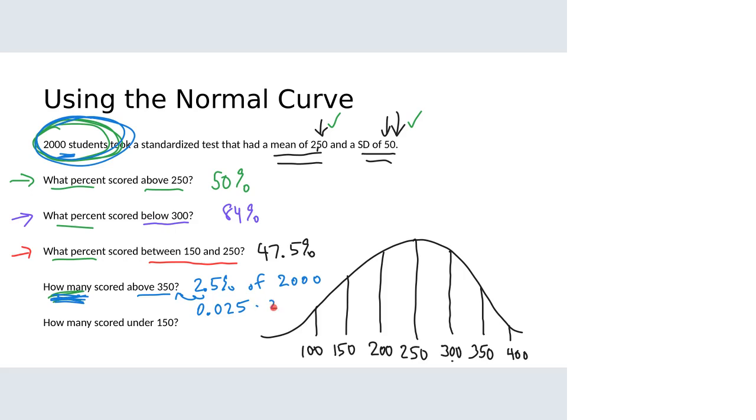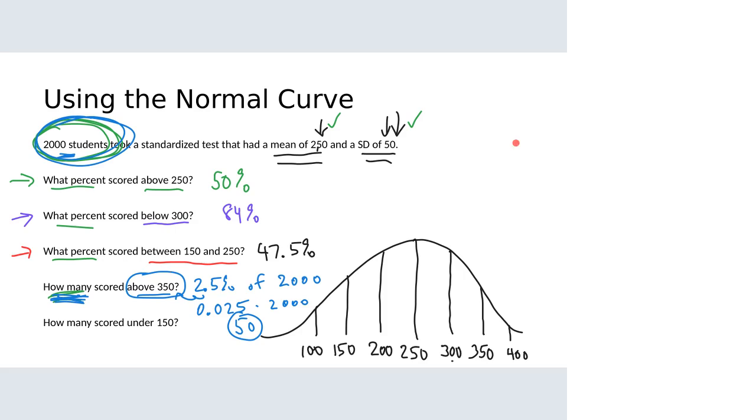Of is going to be multiply by 2,000. And we find out that 50 students scored above 350. So 2,000 students took this test. Only 50 scored above 350. So somebody who scored above 350 did really, really well.